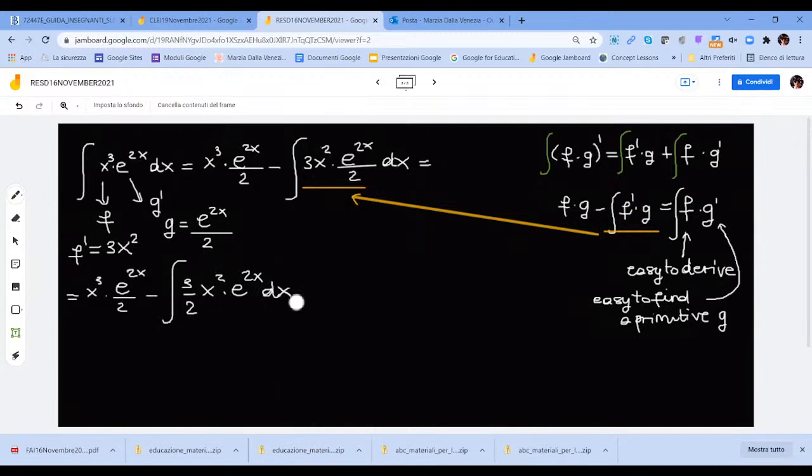And we can see this again as a product to integrate by parts.